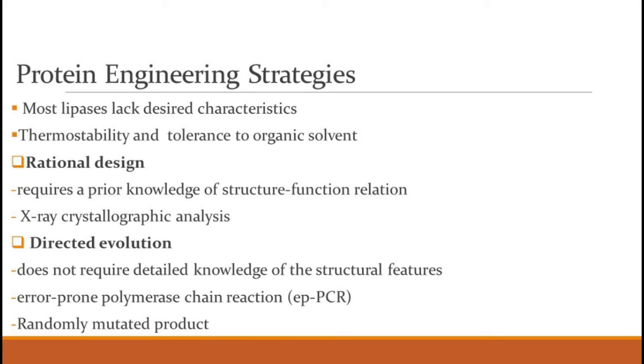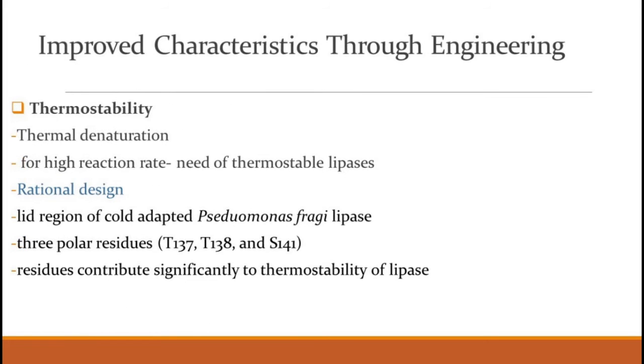The DNA taken will be a gene for amylase enzyme or lipase enzyme. It gets randomly mutated in error-prone PCR, and whatever product we get from that mutated DNA might have improved properties or characteristics. It may not; both cases are possible.